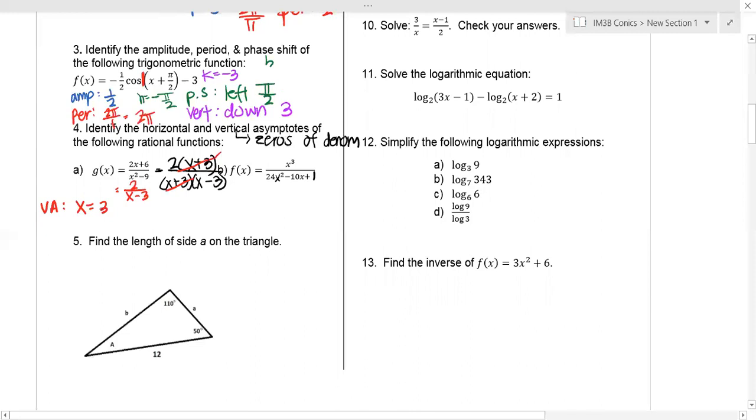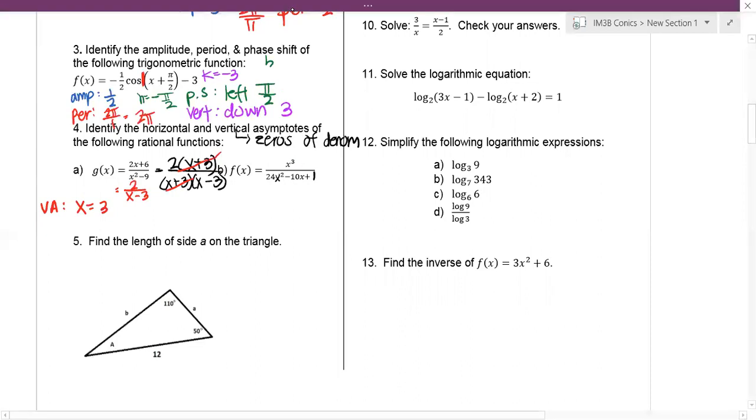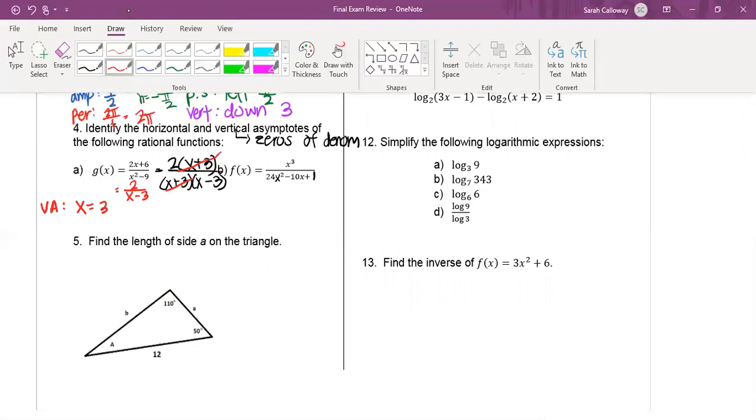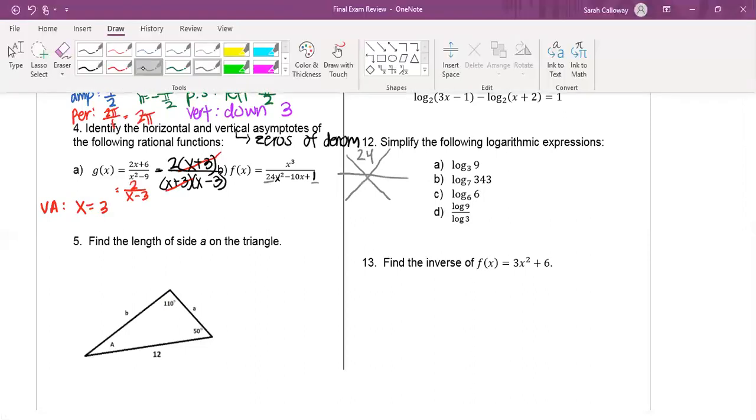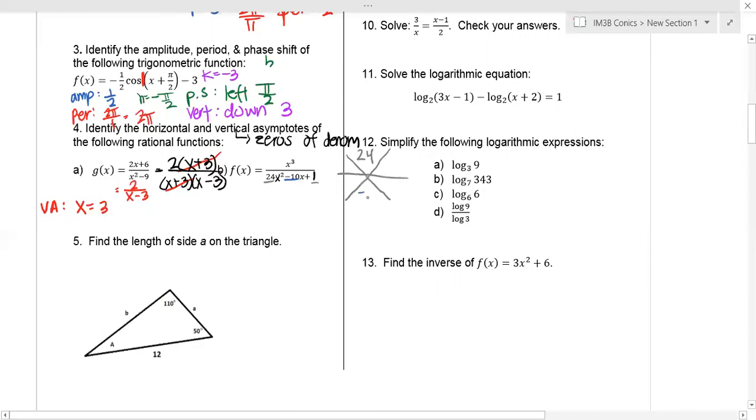For the next one, I can't factor x cubed, but I can factor 24x squared minus 10x plus 1. And so for this, I'm using the star method or a product sum with that kind of additional step. I'm just going to use star because it's a little more compact in terms of the work. So remember that I multiply 24 times 1, which gives me 24. So I need two numbers that multiply to 24 and then add to -10.